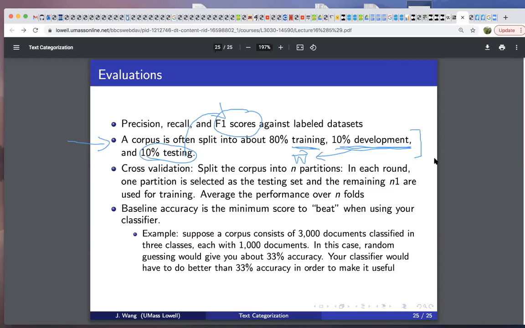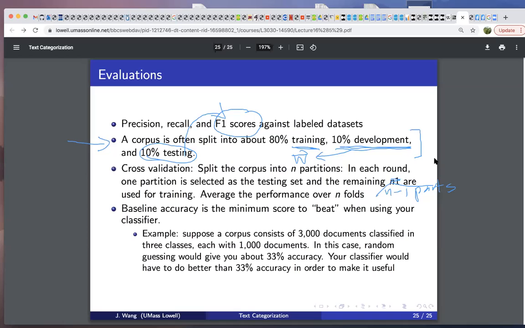And there's another way, which is called cross-validation. Cross-validation just means that I'm going to split the corpus into n partitions. Corpus just means that your label data into n parts. In each round, one part is selected as the testing set, and the remaining n minus 1 parts are used for training.